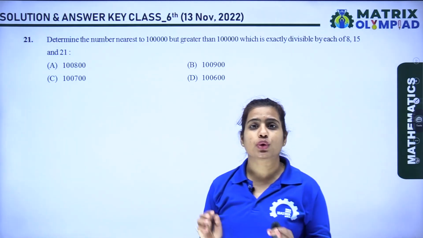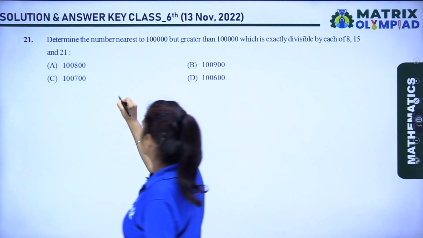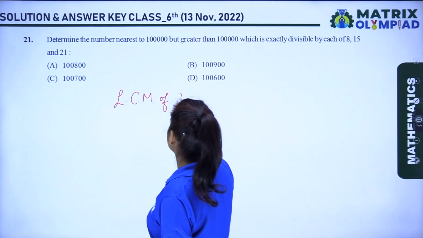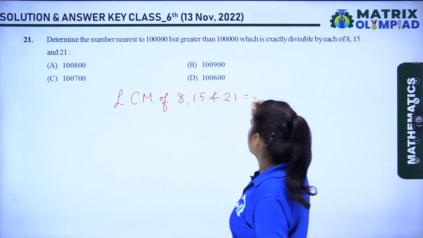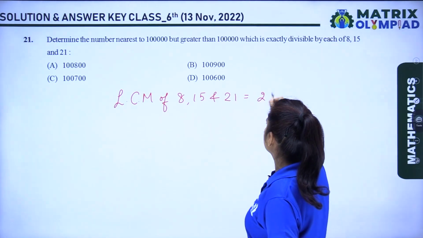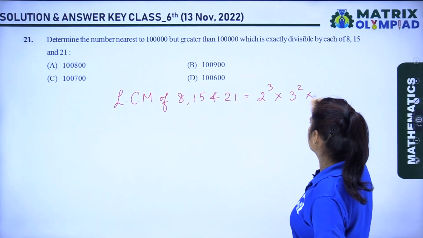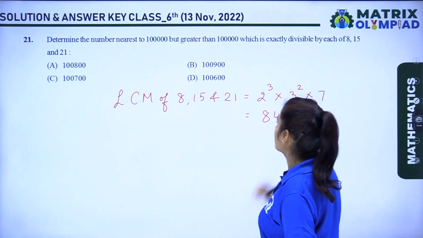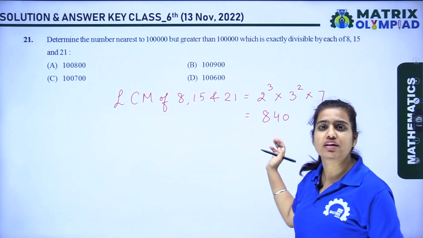So first of all, we are going to take the LCM of 8, 15 and 21. Let's take the LCM. That is 2 cube multiplied by 3 square multiplied by 7. That gives us 840. So the LCM of 8, 15 and 21 is 840.